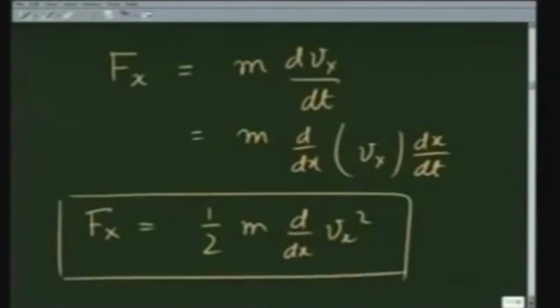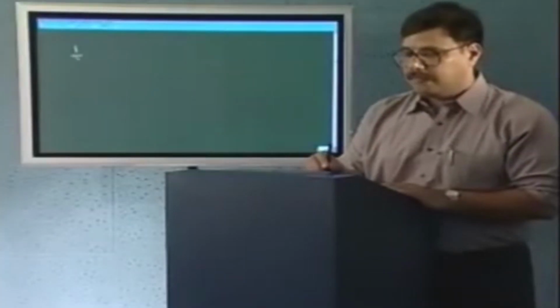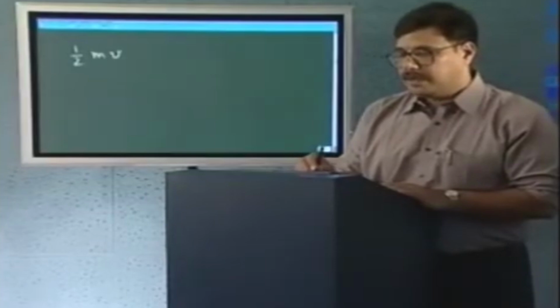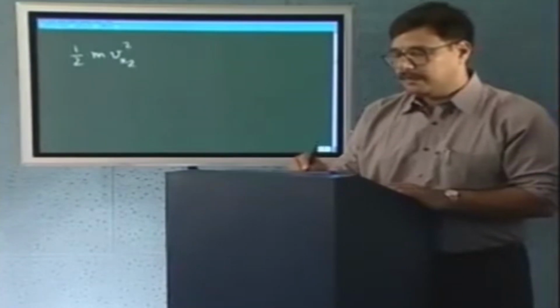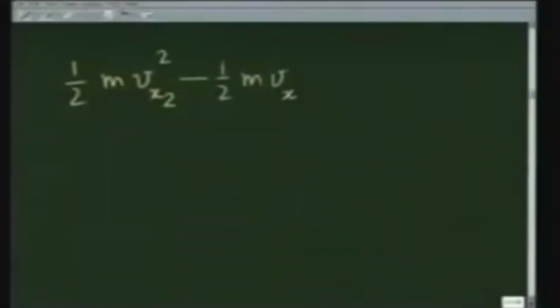If I integrate this equation, what I get is half m Vx at some position x2 square minus 1/2 m Vx1 square is equal to the integral of Fx dx from position x1 to x2.